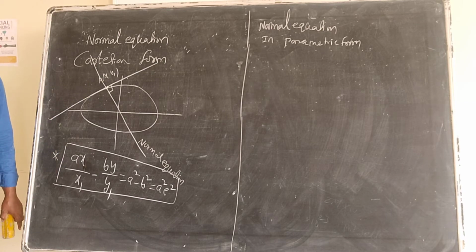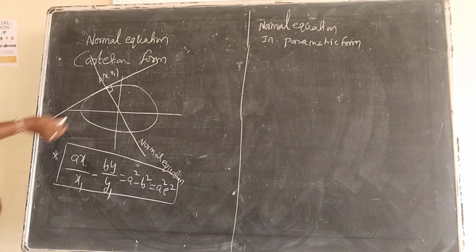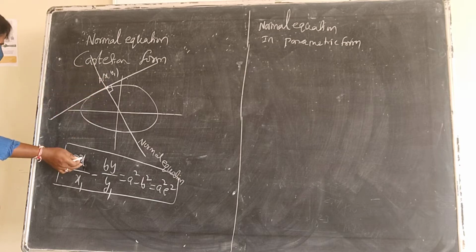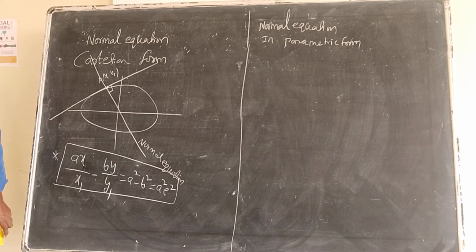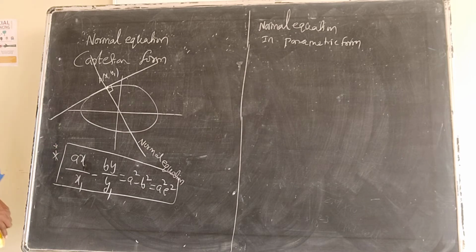By differentiating the curve at this point, you can get the equation of the tangent. You find the slope, so one tangent equation slope is there. You have to take the perpendicular slope, minus 1 by m. So it is not necessary to remember this formula. If you remember, very good.